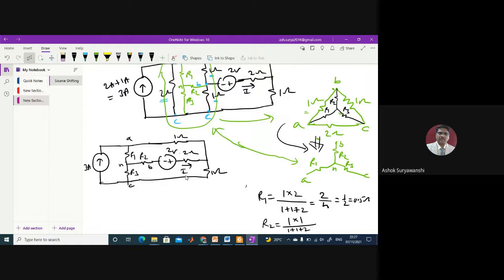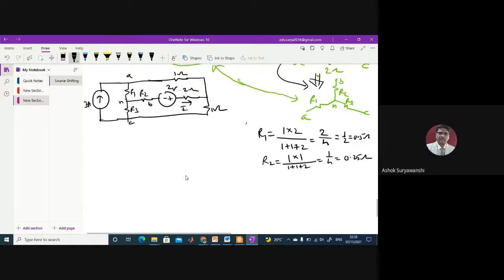So it is 1 by 4, that is 0.25 ohms. And then R3 equals the product of these two adjacent from delta, that is 1 into 2, divided by the addition of 1 plus 1 plus 2, that is 2 by 4, that is half, 0.5 ohm.